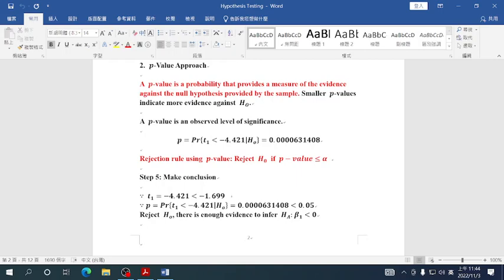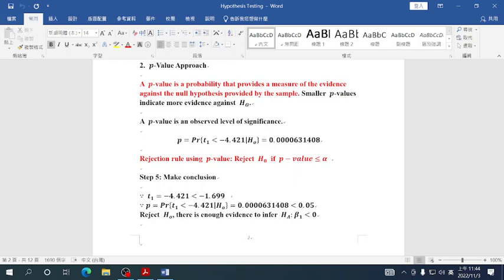So the p-value is an observed level of significance. Look at this notation. It means the probability of T1 less than, since our T1 is far away from here, negative 4.421.